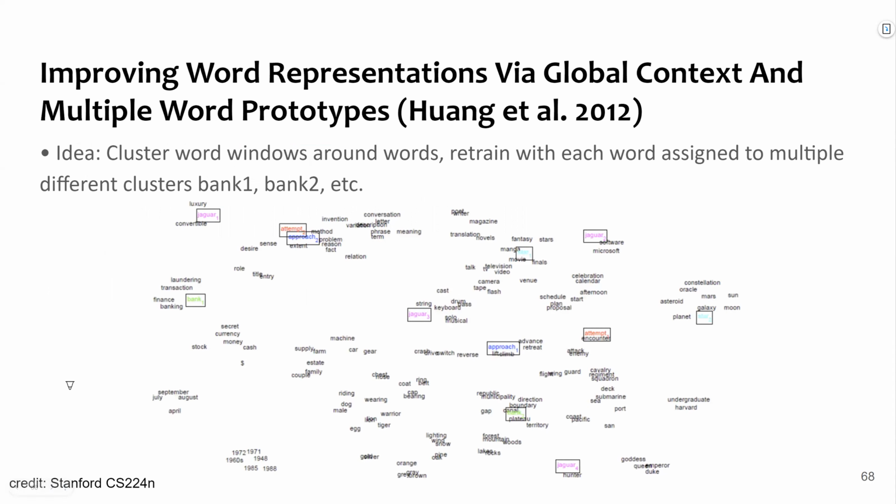There are numerous research efforts to resolve this issue. Some try to resolve it by learning several word vectors for the same word, like jaguar 1, jaguar 2, jaguar 3, like this. And this is an ongoing research topic.